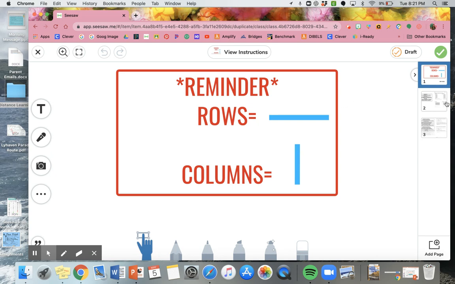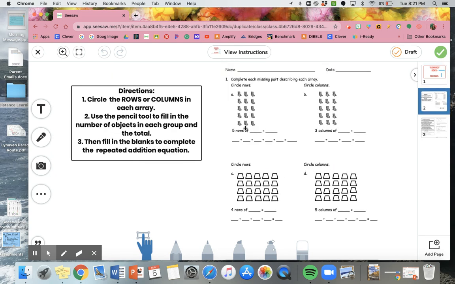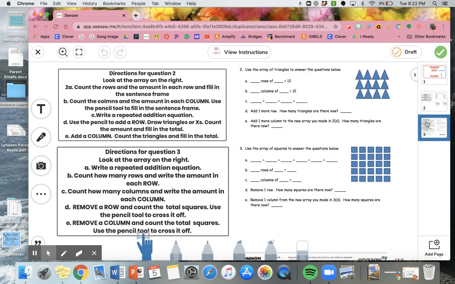Okay, that's just there to remind you. It says complete each missing part, describe each array. This is exactly what I just showed you. It's just different shapes. Okay, so you need to circle the rows, then you circle the columns, and then you fill in the blanks. Same with questions C and D. Circle the rows, fill in the blanks, circle the columns, and then fill in the blanks.